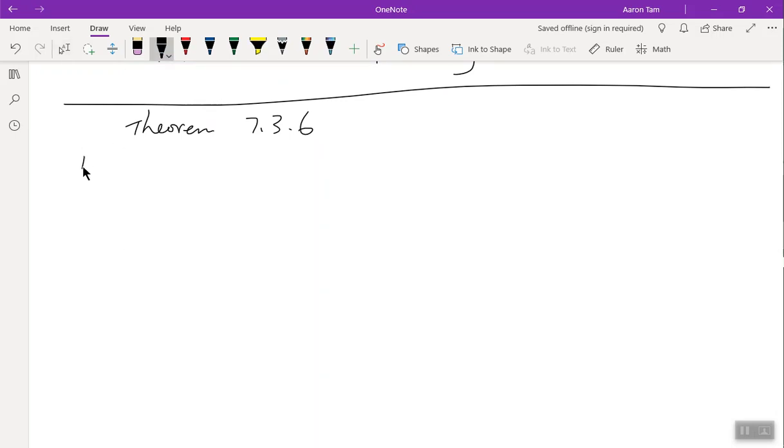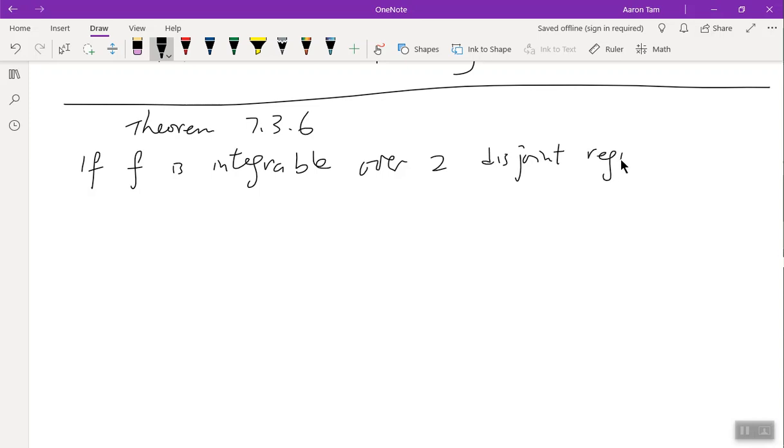So this theorem states the following: if function f is integrable, and of course here function f is a function mapping from Rn to R, just like what we talked about before, over two disjoint regions.